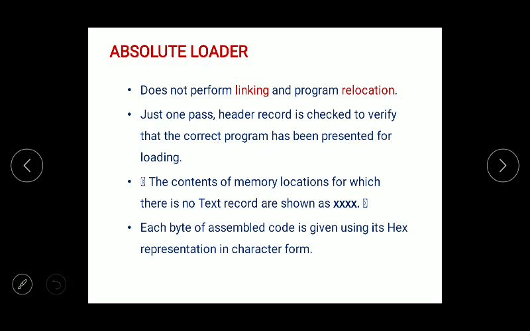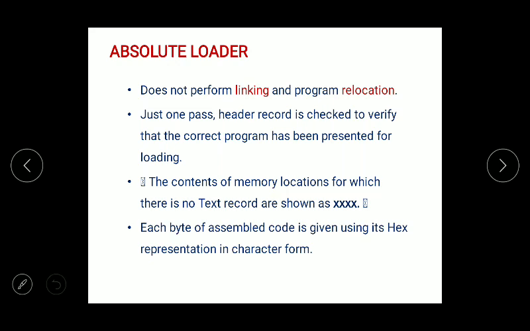As an example, let us consider one program. The contents of memory locations for which there is no text record are shown as XXXX. That is, the contents are not important. Each byte of the assembled code is given in hexadecimal representation in character form.